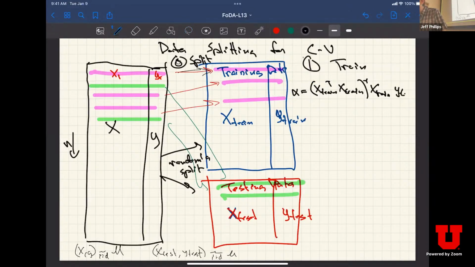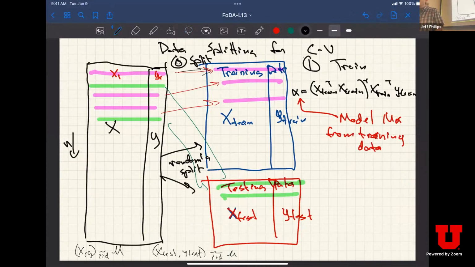So I'm just using the training data to train this model. So this is now a model M alpha, from the training data.